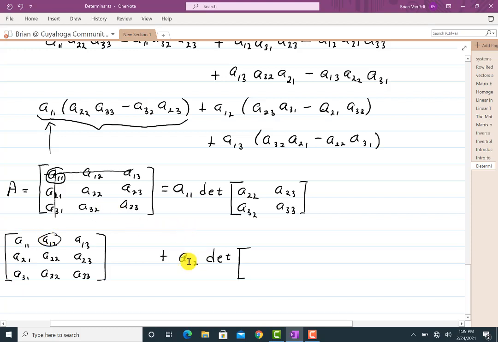I have it out front. I'm going to cross out its column and its row, and what is left over forms the matrix that I'm going to attach to it. So I have my A21, A23, A31, A33.